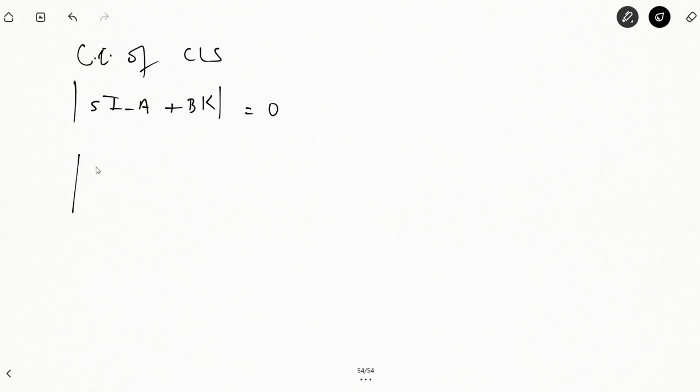Now the characteristic equation of the closed loop system is determinant of SI minus A plus Bk equal to 0. Your A is 0, 1, 0 minus 10. B is 0, 1. That means actually S minus 1 minus 0 S plus 10 plus 0, 1 times K1, K2.